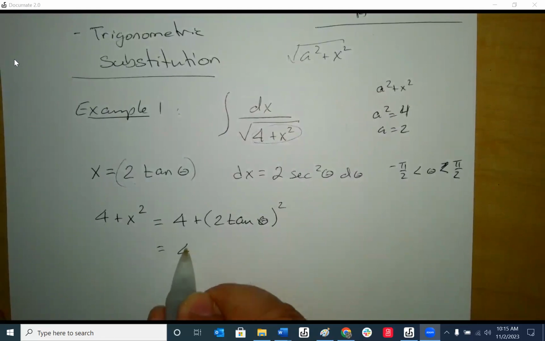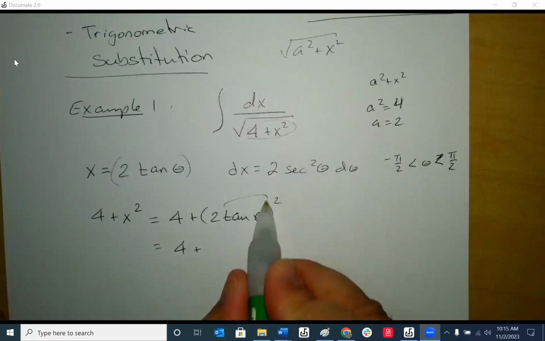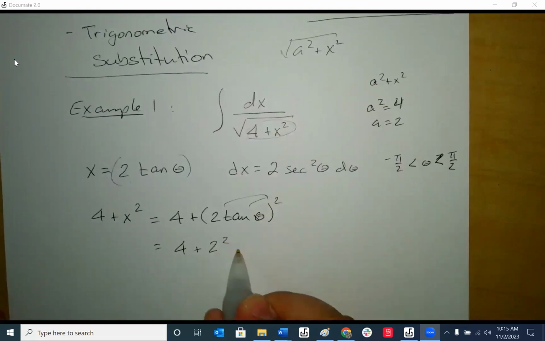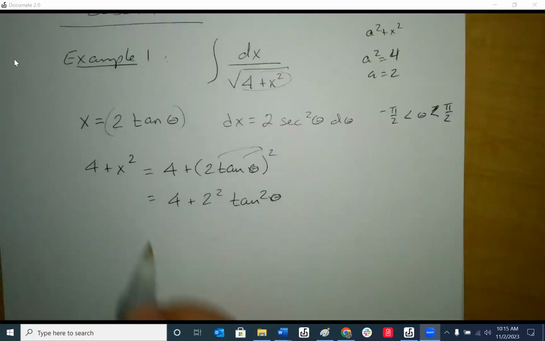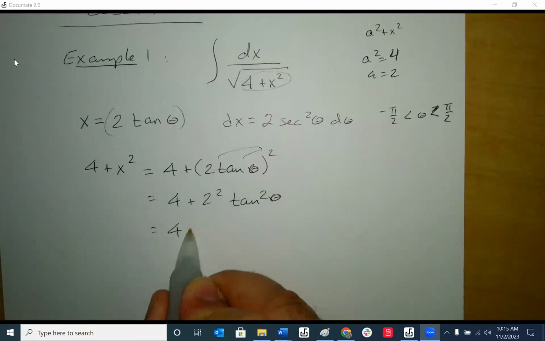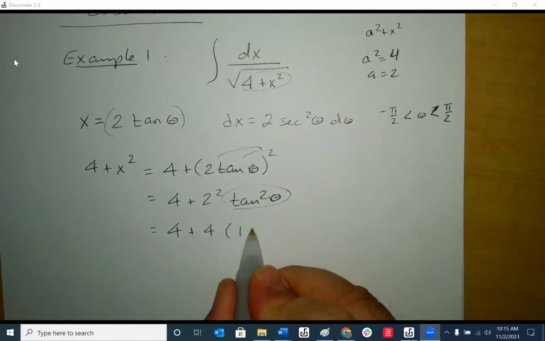Which is equal to 4 and, well, let's just square both of those. We have 2 squared tangent squared, 4 plus 4 tangent squared.